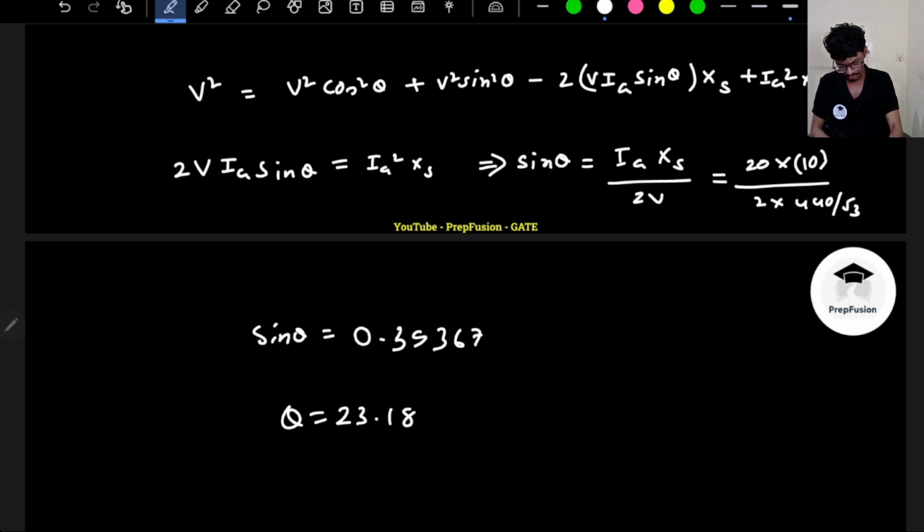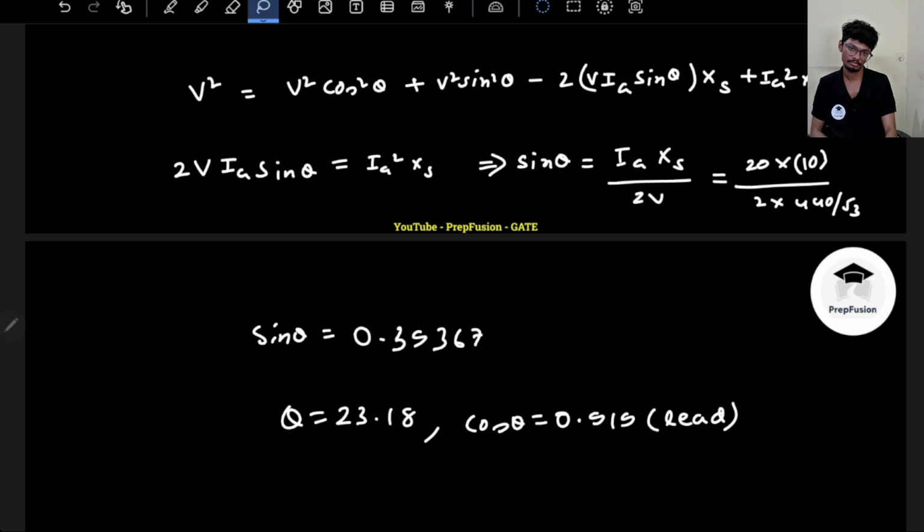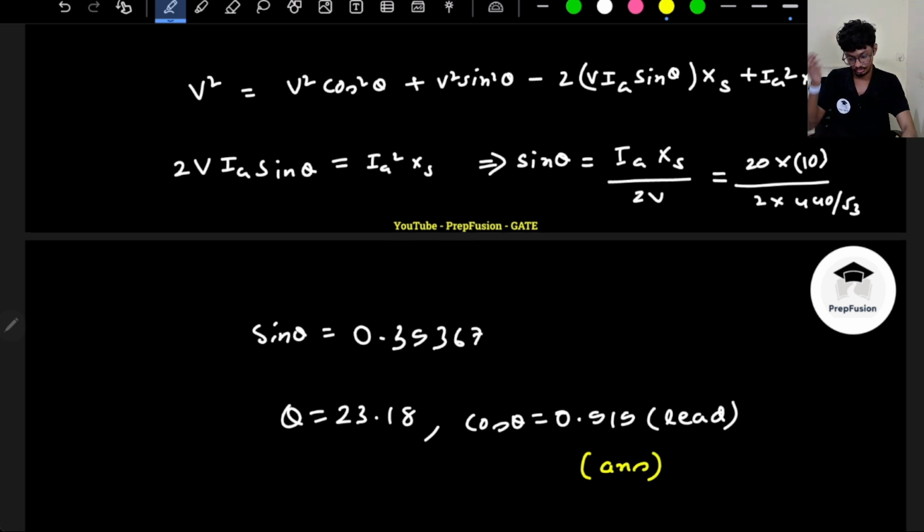If I do cos of this, cos θ will come out to be 0.919, and it will be leading. Okay, so this will be the answer. Power factor will be 0.919, and it will be leading. That's it. Now let's solve the next question.